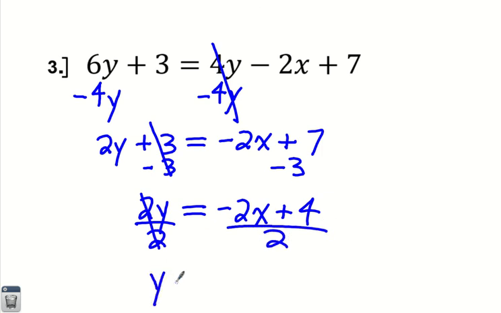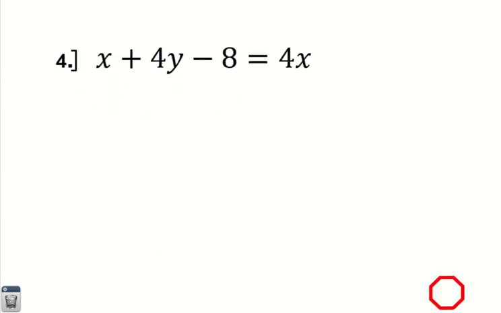And again, for like the 10th time, you got to divide the entire right side by 2. There's 2 terms over there to be divided by 2. And hey, another clean division. Negative 2x divided by 2 is negative 1x, or just negative x. Also got to divide the 4 by 2 to get that. And that's it.